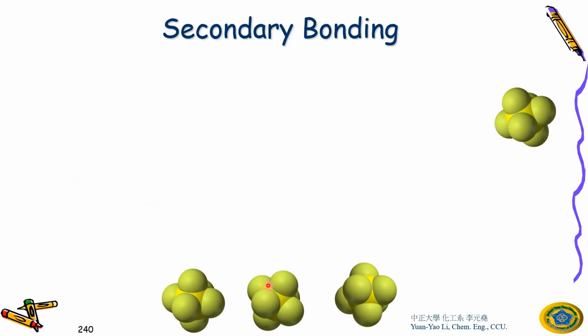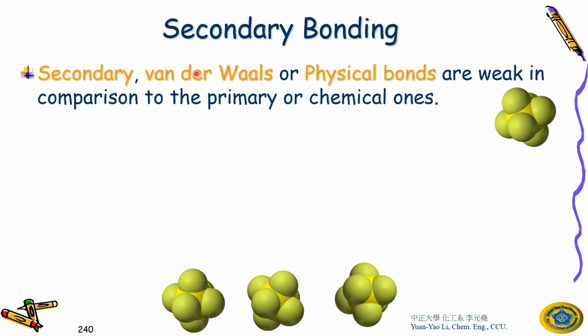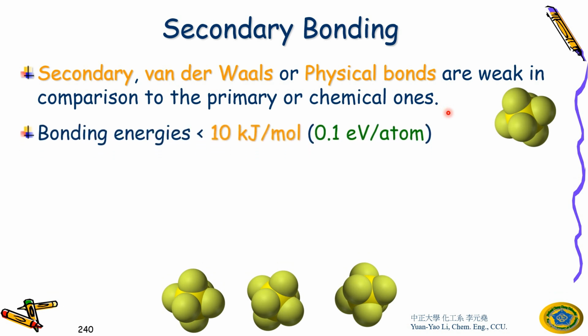Right. So let's go back to the secondary bondings. Secondary bonding, what we call van der Waals bond or physical bond, is weak in comparison to the primary or chemical bonds. Bonding energy is normally less than 0.1 electron volt per atom. So this physical bond is weaker than the chemical bond.